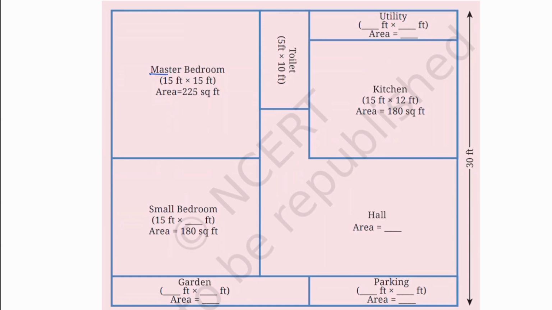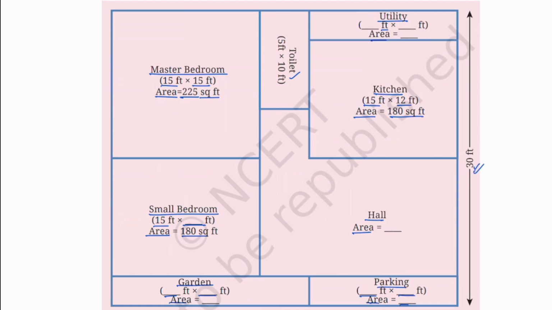You can see master bedroom 15 feet into 15 feet, area 225 square feet, toilet 5 feet into 10 feet, utility blank feet into blank feet, area blank, kitchen 15 feet into 12 feet, area 180 square feet, small bedroom 15 feet into blank feet, area 180 square feet, hall area blank, garden blank into blank, area blank, parking blank into blank, area blank.